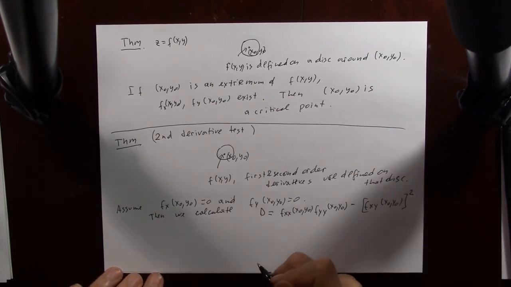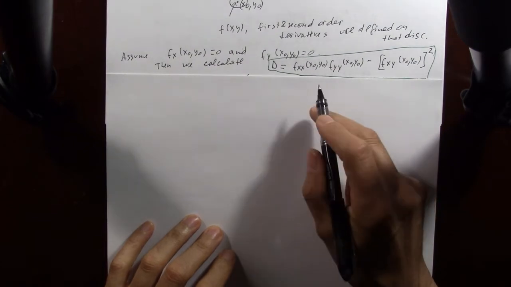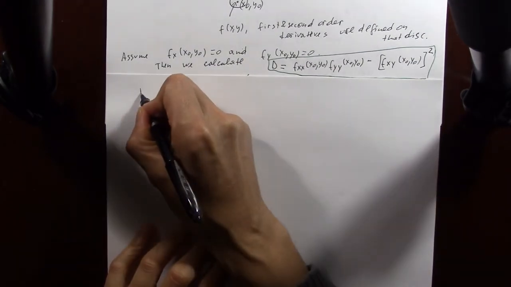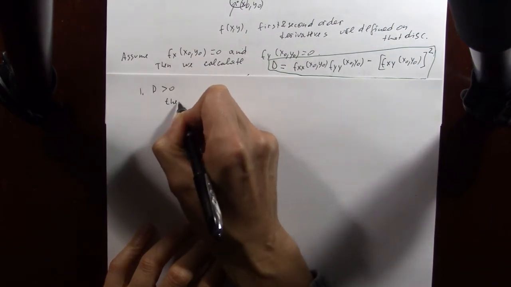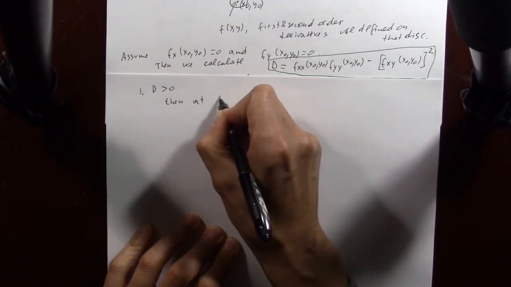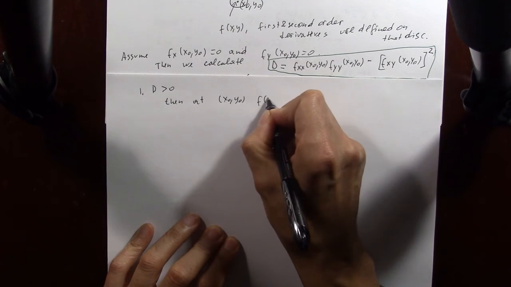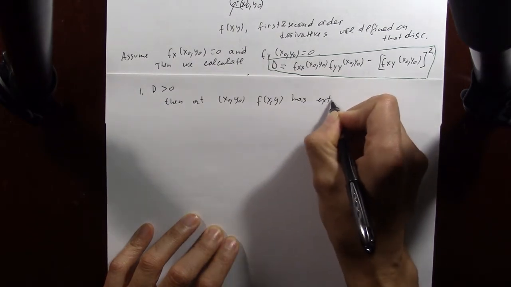Now we have three possibilities for d. First, d is bigger than 0. Then at the given point x0, y0, the function has an extremum.